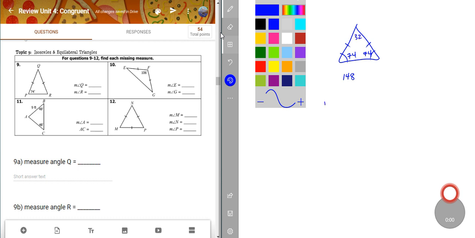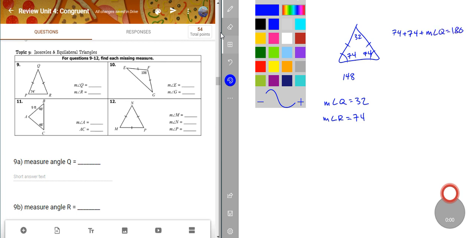So we've got measure angle Q equals 32. Measure angle R equals 74. Hopefully that makes sense. Again, base angles are congruent. Add these up. We know it equals 180.